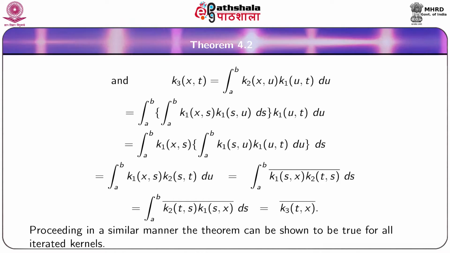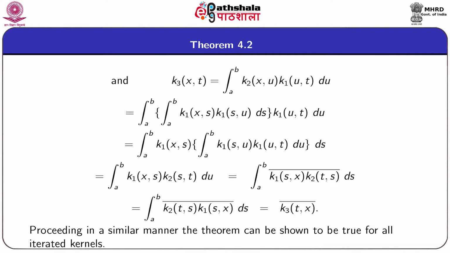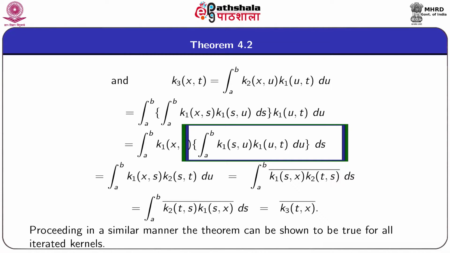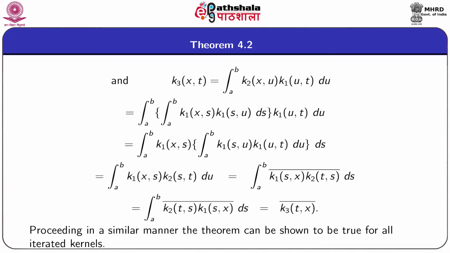Now we interchange the order of integration. That means the s integral becomes the outer integral and the u integral becomes the inner integral, so that K3 x t is equal to integral from a to b K1 x s ds, and the inner integral is from a to b K1 s u into K1 u t du. Now here you notice that the inner integral is K2 s t, so that K3 x t becomes equal to integral from a to b K1 x s into K2 s t ds.